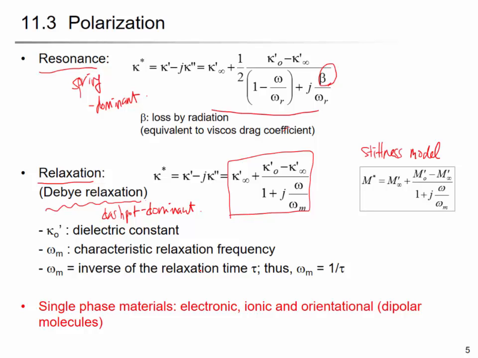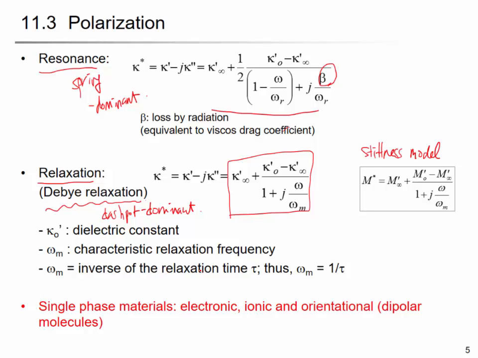And the relaxation frequency is, if you think about a polarized molecule, the water molecule is polarized, and when you remove all the electric field, how long does it take to become randomly oriented? This is a thermally agitated transition by diffusion.